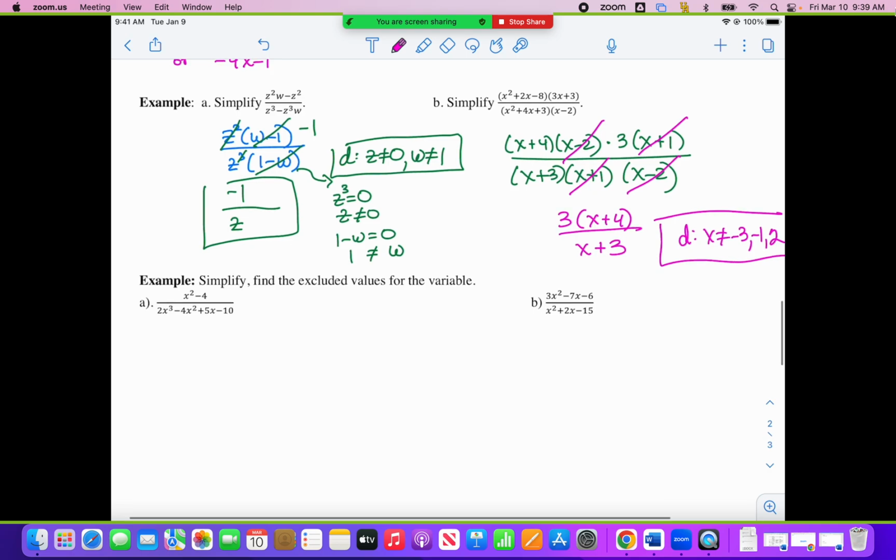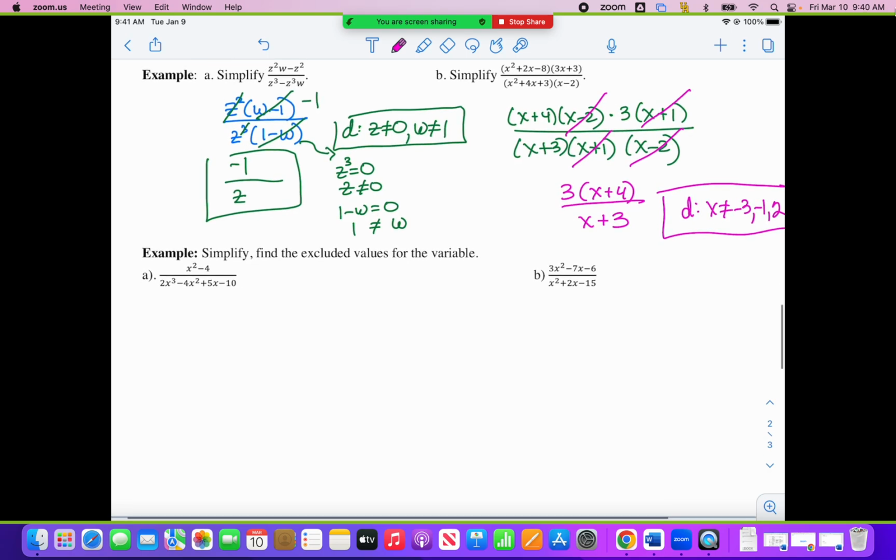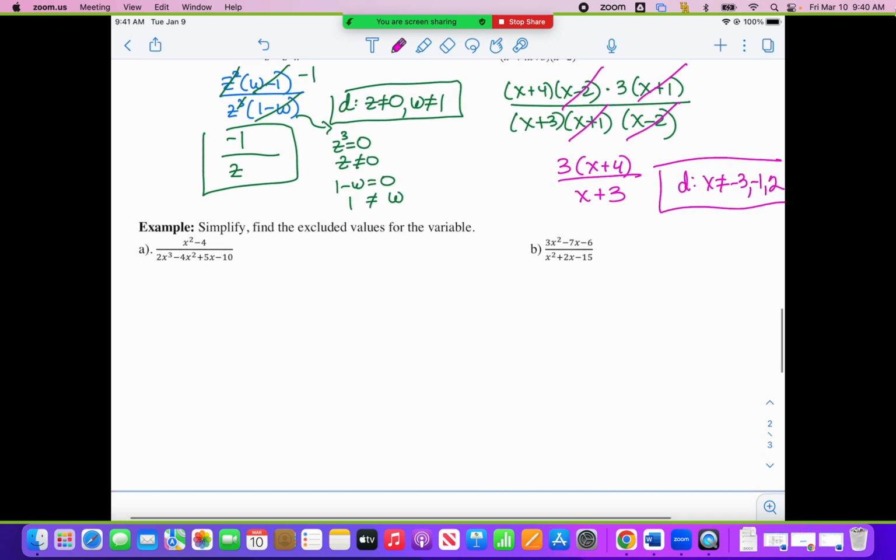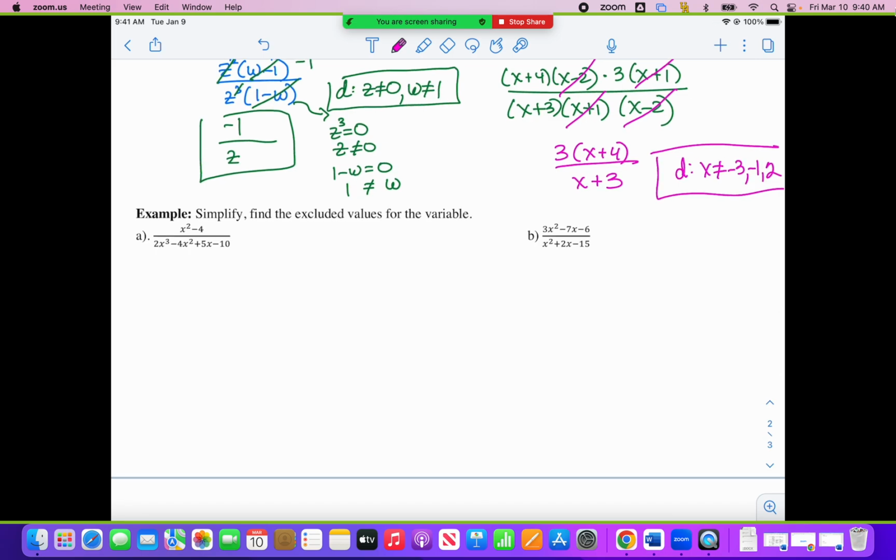All right, oops, sorry, I didn't realize there were a couple more on here. All right, so it says simplify. So go ahead and factor your numerators, factor your denominators, state your domains. And so what I do, if you're looking at letter B, that numerator looks a little tricky, but the denominator looks easy.